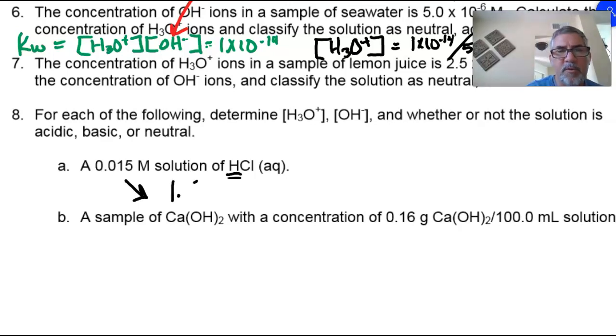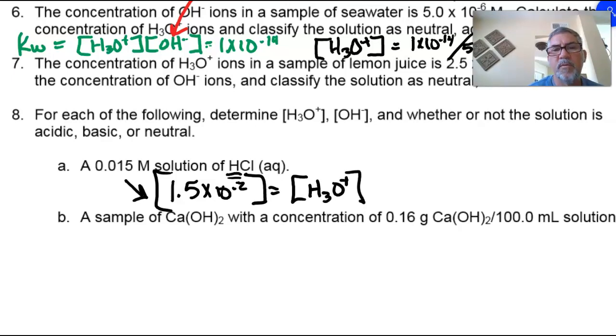So it's 1.5 times 10 to negative 2. That's my concentration of H3O. From that you have to figure out the OH, and then figure out if it's acidic, basic, or neutral.